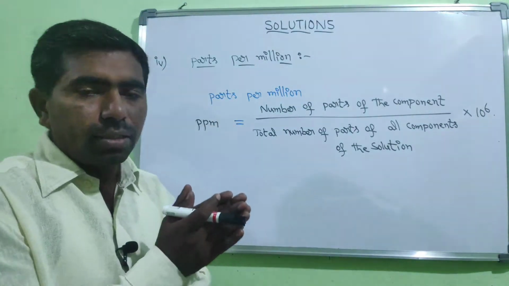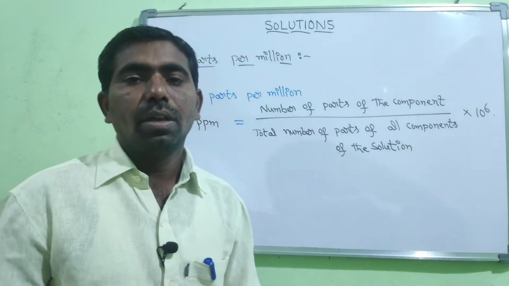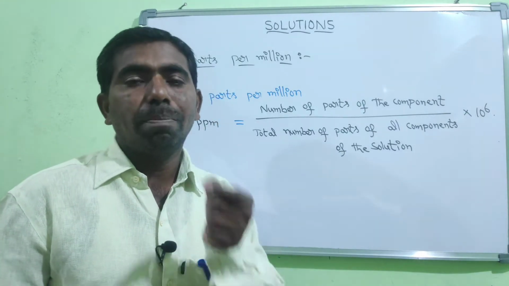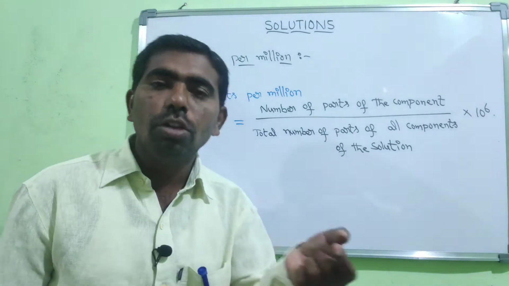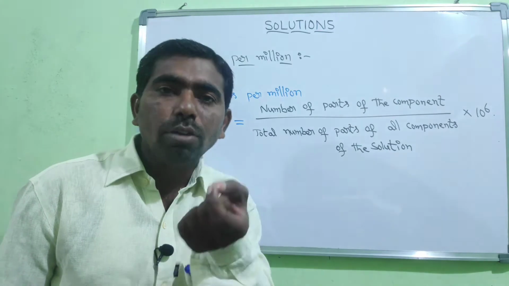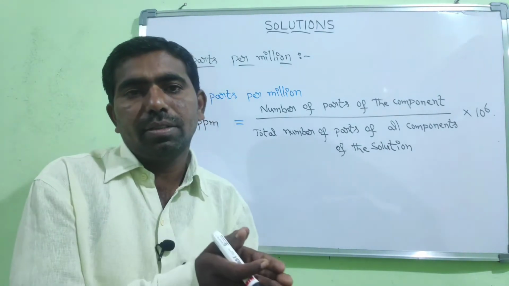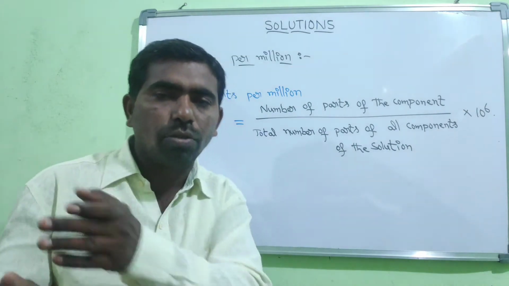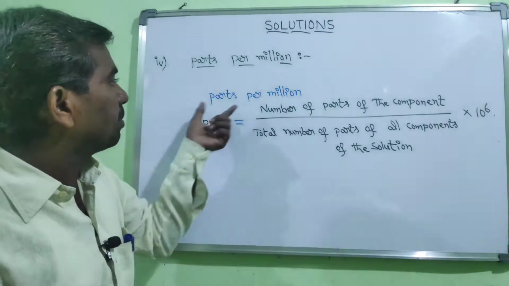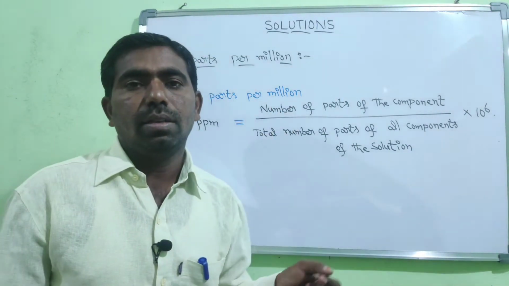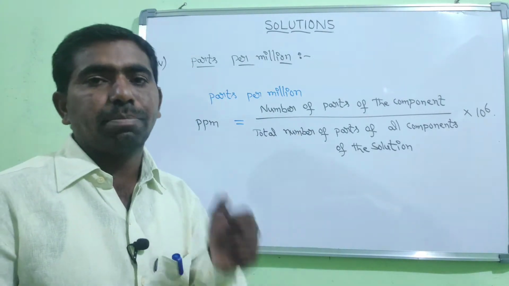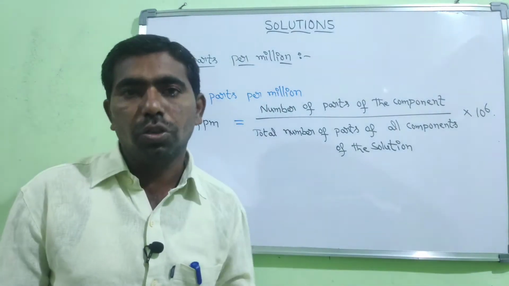This method is generally used when the solute is present in a solution in small quantities, that means in traces. When the solute particles are present in traces in the solution, then only parts per million is the method used for expressing the concentration of the solution.